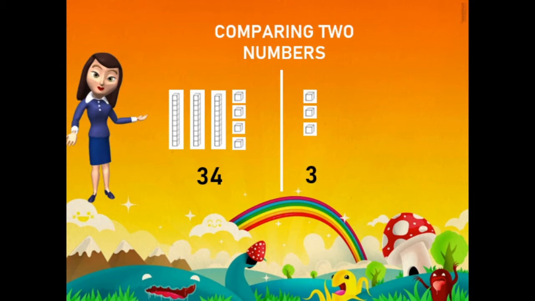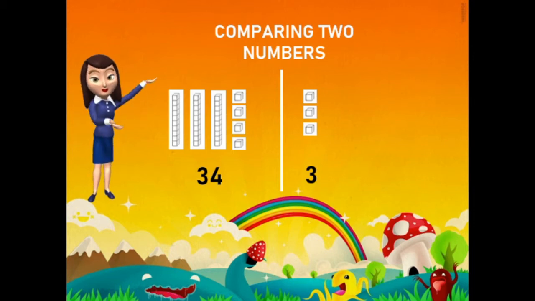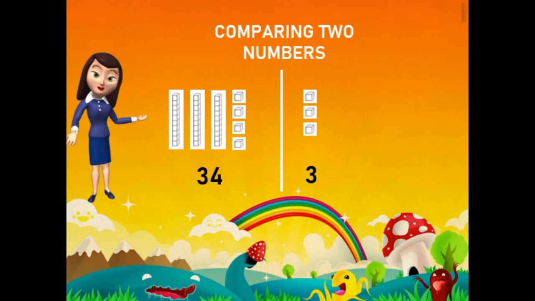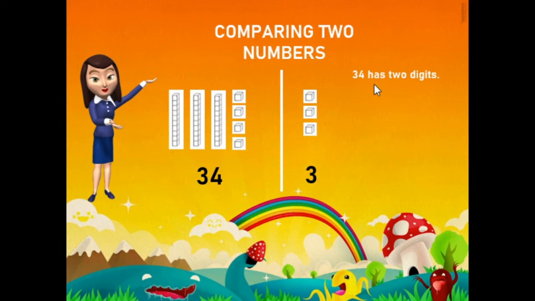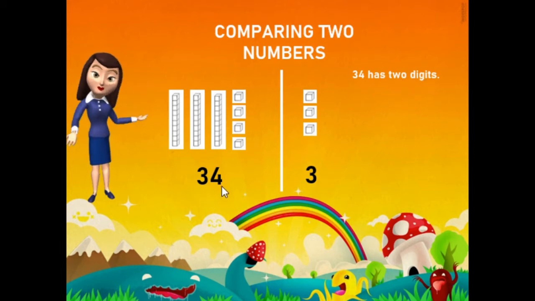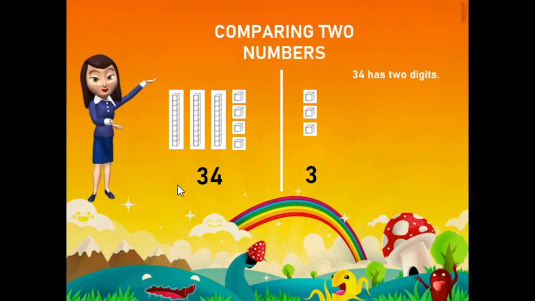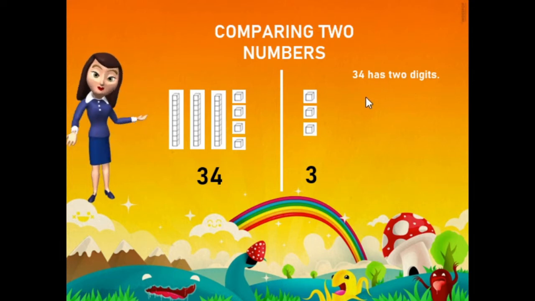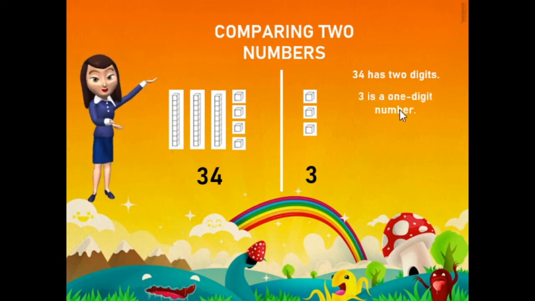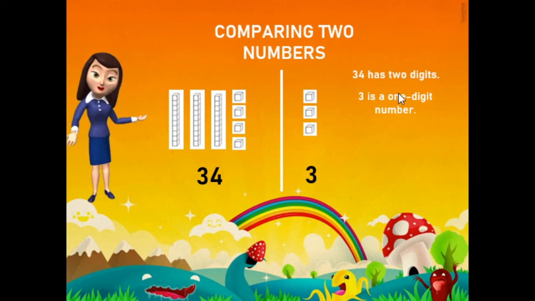Remember, the easiest way to compare the numbers is by looking at the number of digits. 34 has 2 digits, namely 3 and 4, while 3 is a 1-digit number. Therefore, which is bigger?